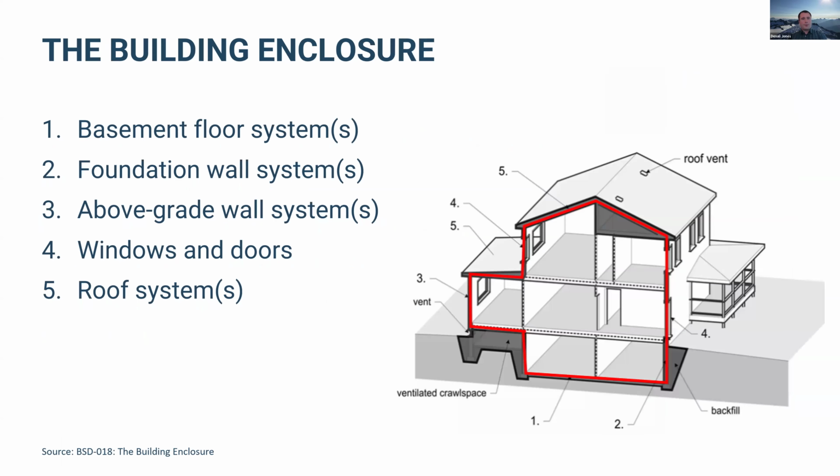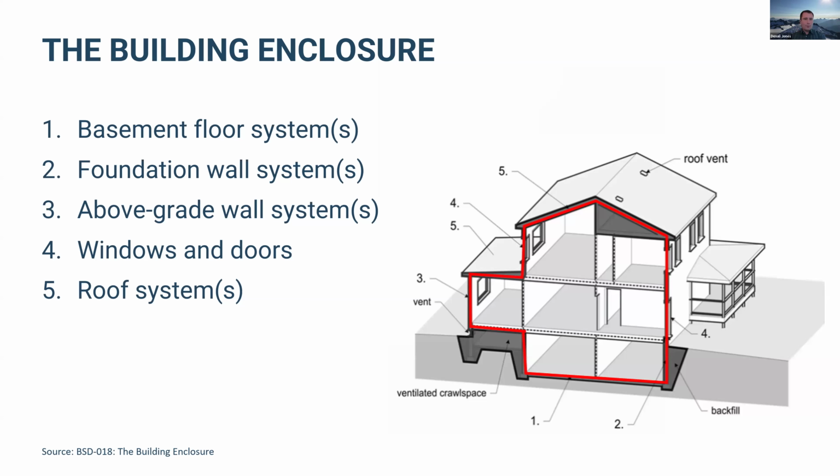Okay, so the building enclosure is really the environmental separator. So it's this kind of red line that you see here on a house, but you could draw this around any building. It's really what defines what's inside versus what's outside. So that consists of the basement floor system, foundation walls, above grade walls, windows and doors, roofs, skylights.